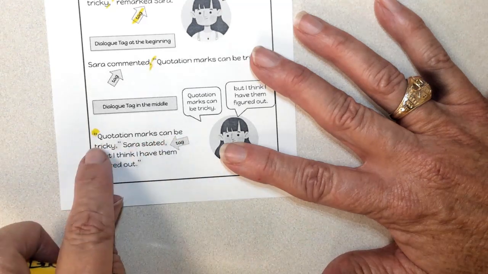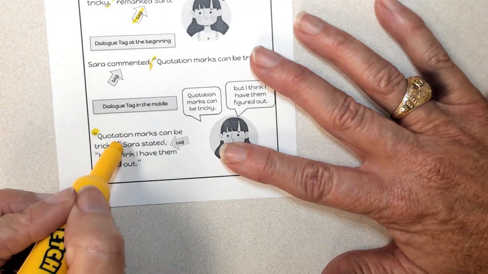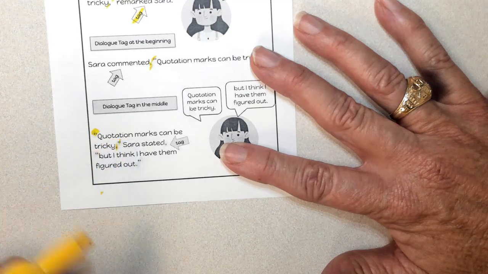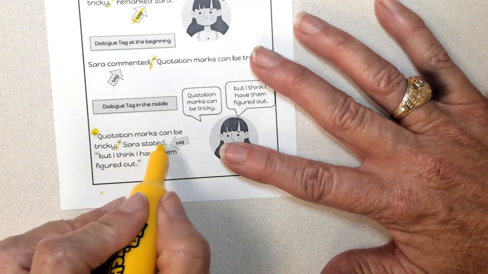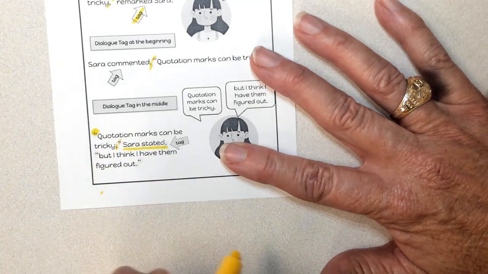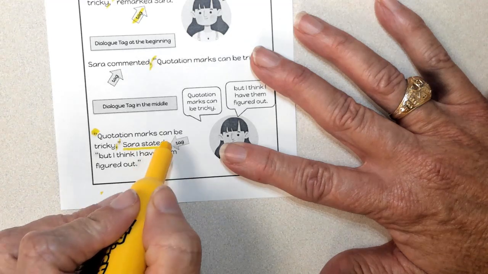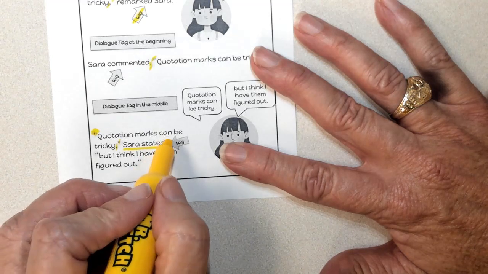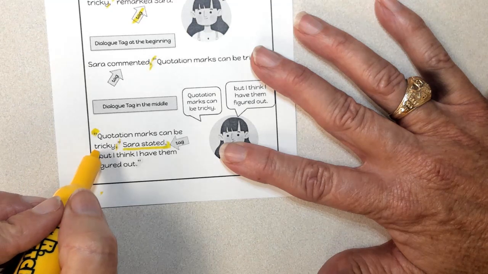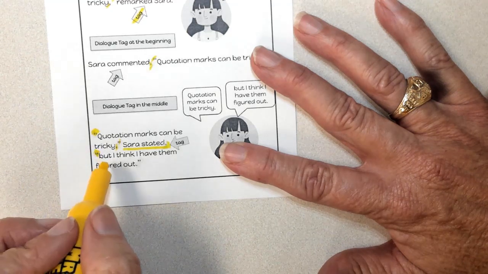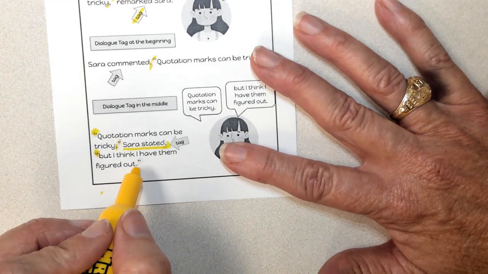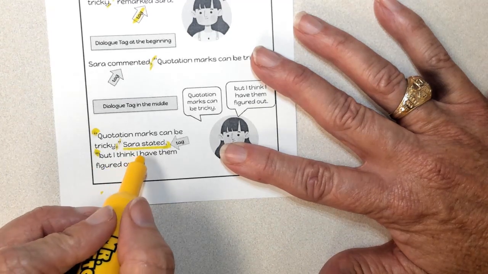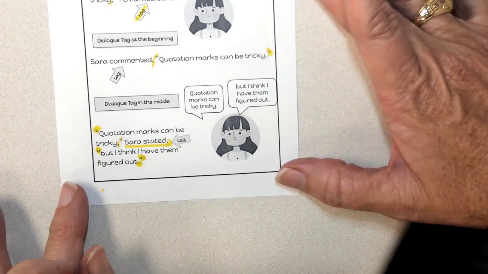"Quotation marks can be tricky," and we have our comma, and we have our quotation marks. Sarah stated, and she's not finished yet, so we have another comma, we have our quotation marks, "but I think I have them figured out," our ending punctuation and our ending quotation marks.